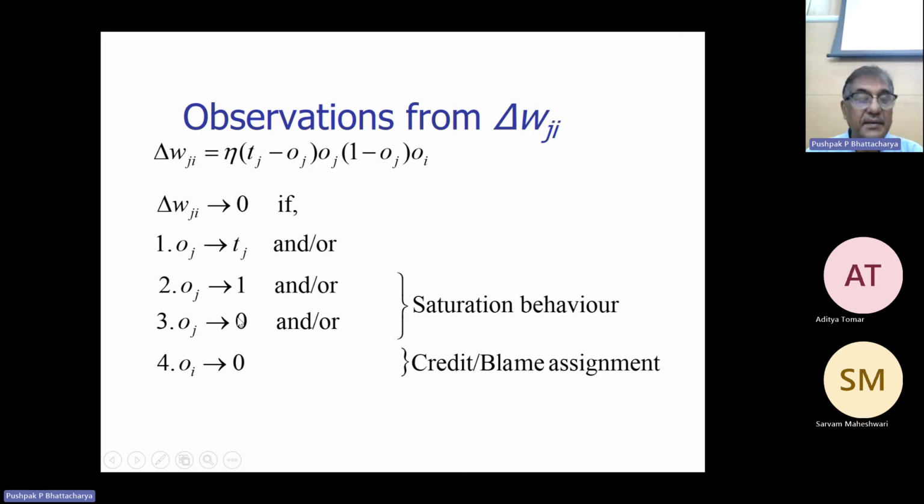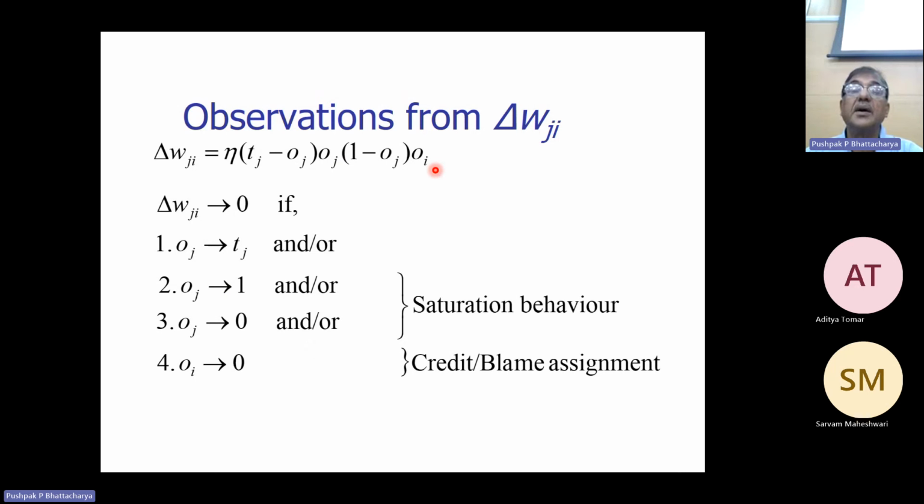The sigmoid curve has a saturation behavior, right? Minus infinity tends to 0, plus infinity tends to 1, and the derivative becomes very small. So for Oj equal to 1 or Oj equal to 0, the derivative is almost 0, and therefore the change in weight is also very small.